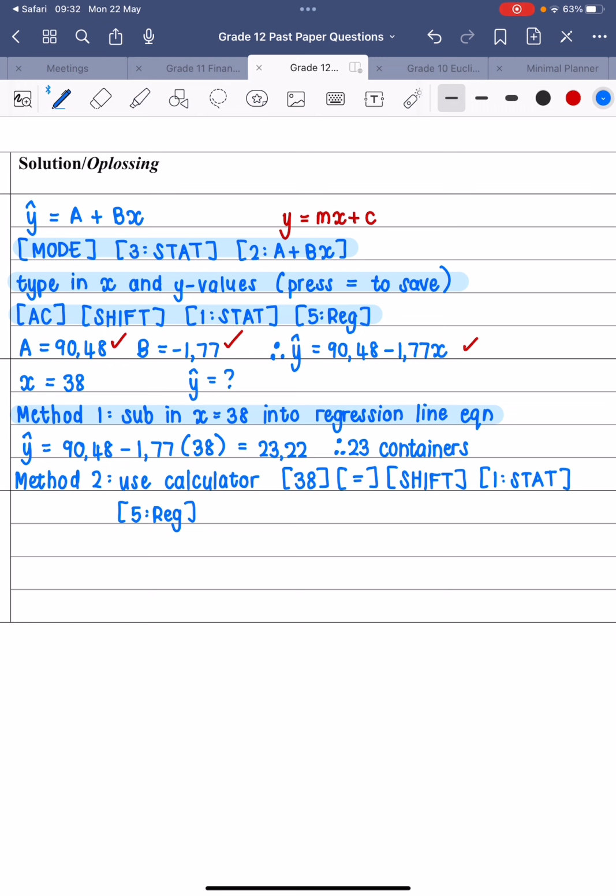And then when you get there, you should see an option of y with that little cap on. Right, so we've just filled in an x value. If we press the button for y, now it's going to give us the y value that goes along with that x value. All right, so we're going to press option 5, which is y, and then equals. So you'll see that it says there, answer y equals, and there we get our answer, 23,07.